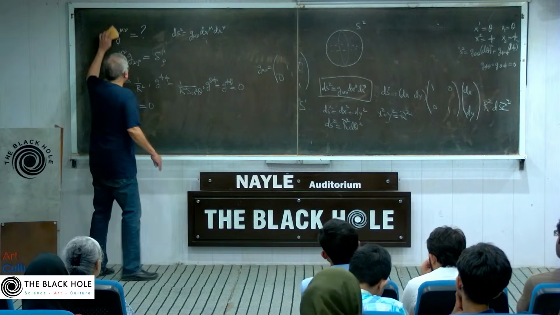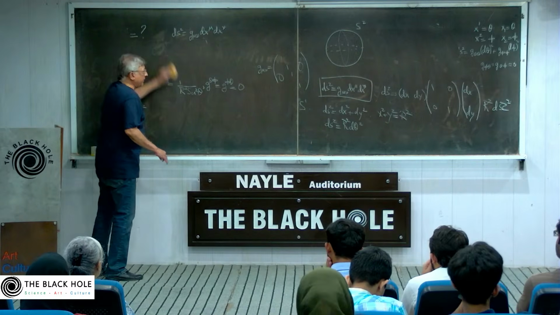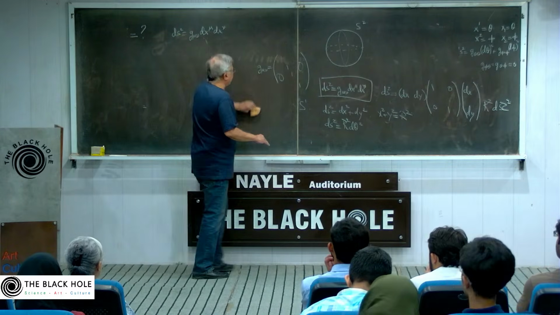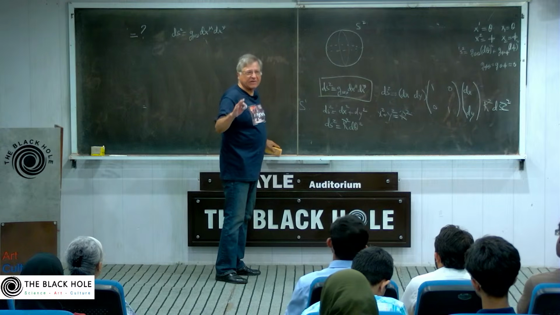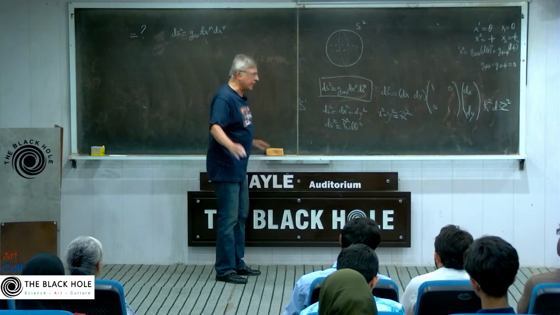Okay, so again, we come back to this. This is ds squared, by definition the distance between two points.